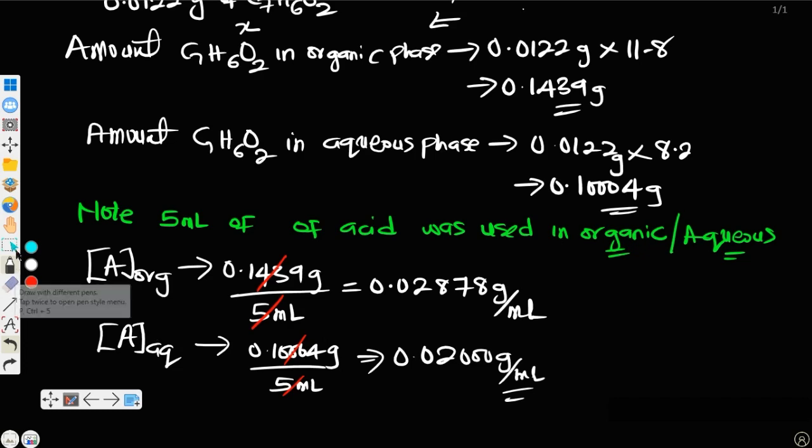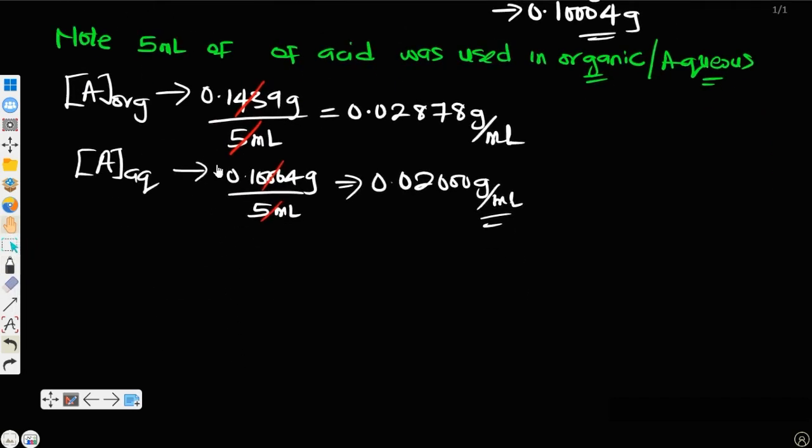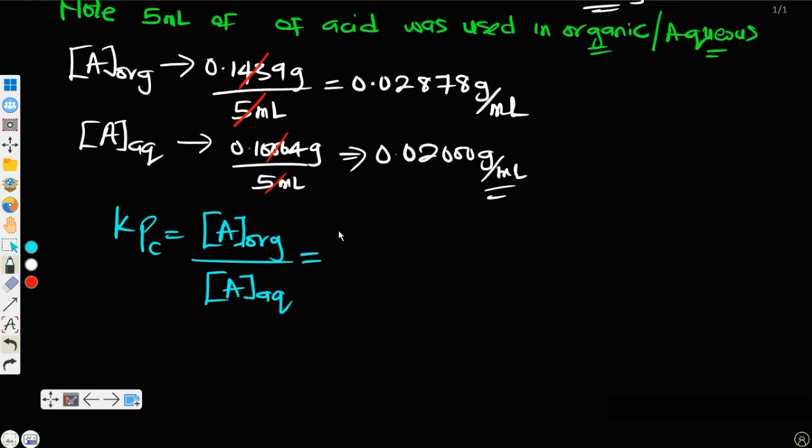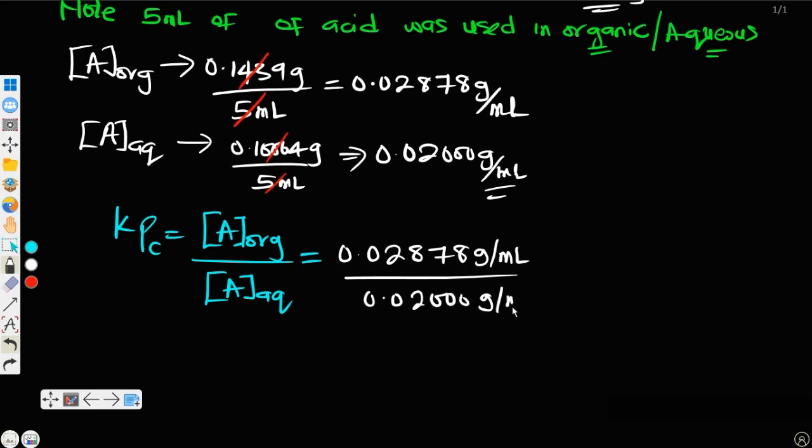Now the last thing you are expected to do here is the partition coefficient. What did we say is the partition coefficient? Partition coefficient, Kpc, is the concentration in the organic phase divided by the concentration in the what? Aqueous phase. So organic phase is 0.02878 gram per mole, and in the aqueous phase, 0.02000 gram per mole.